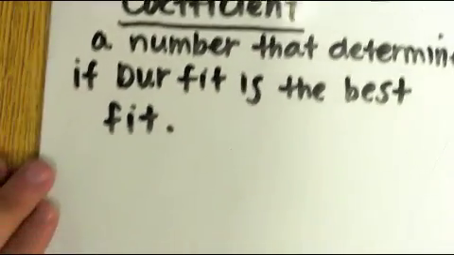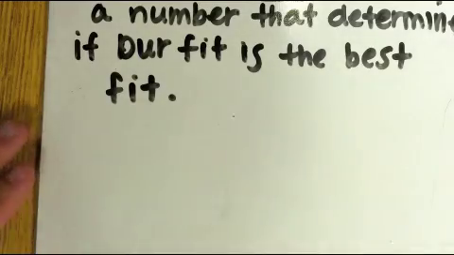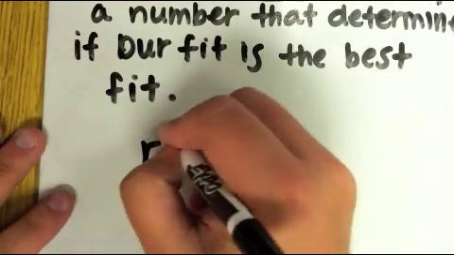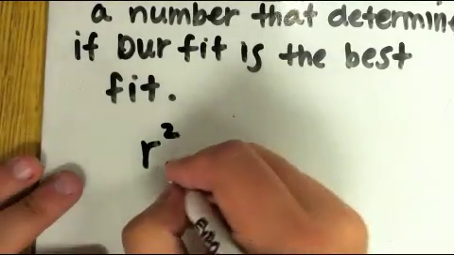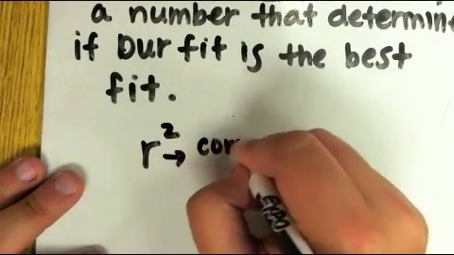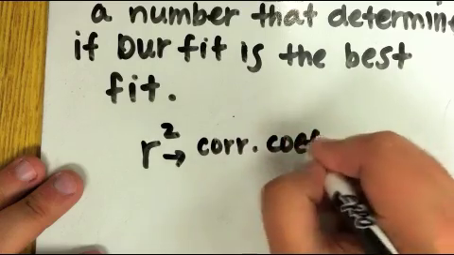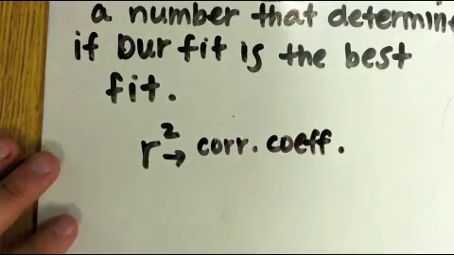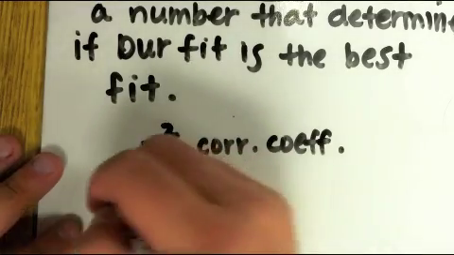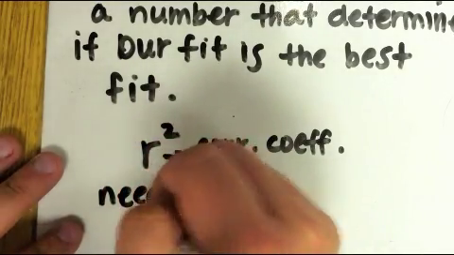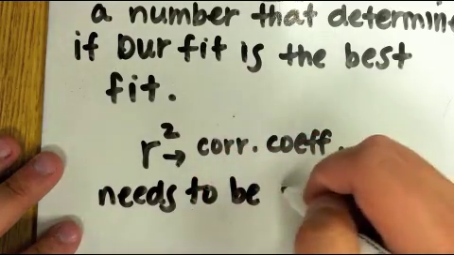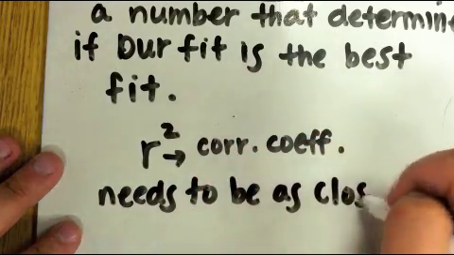Okay, so a couple more things you need to know about this. We denote the correlation coefficient with R squared. So again, this stands for correlation coefficient. And the goal for your R squared value is that it needs to be as close to 1 as you can get it.